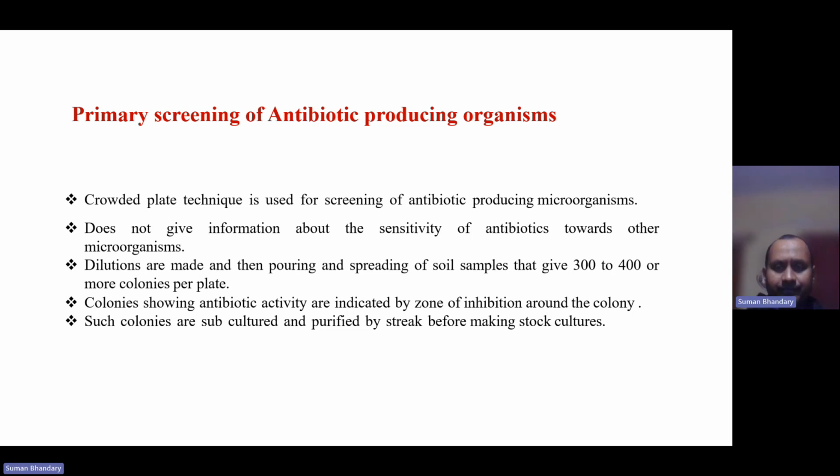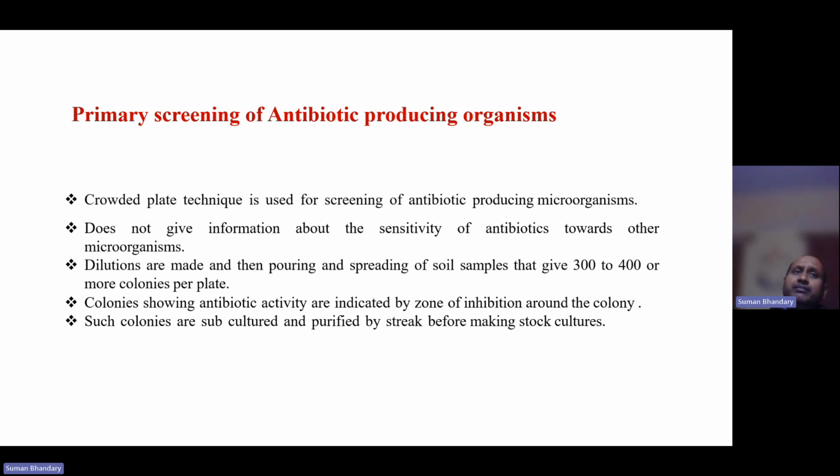But there is a problem. So initially we have discussed the primary screening is not a confirmatory screening approach. So primary screening carried out by this technique does not necessarily select antibiotic producing organisms.